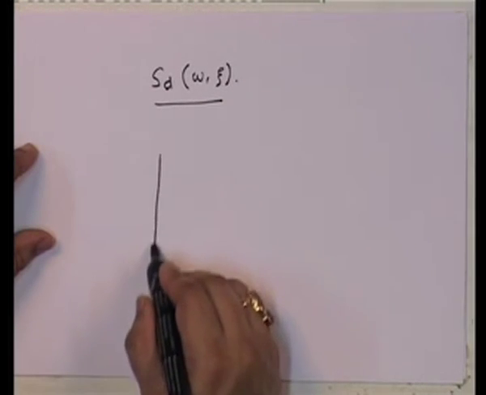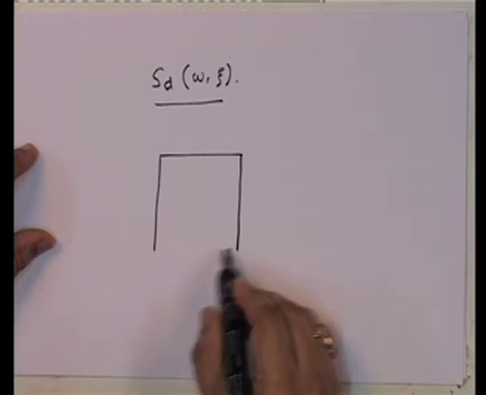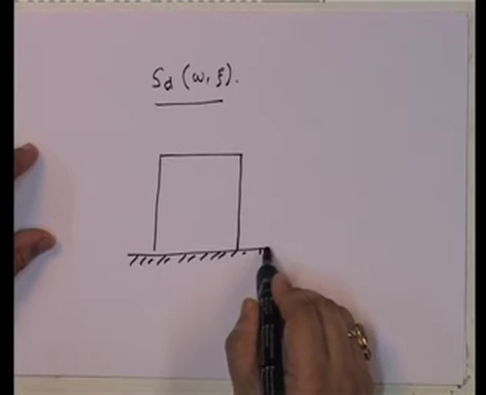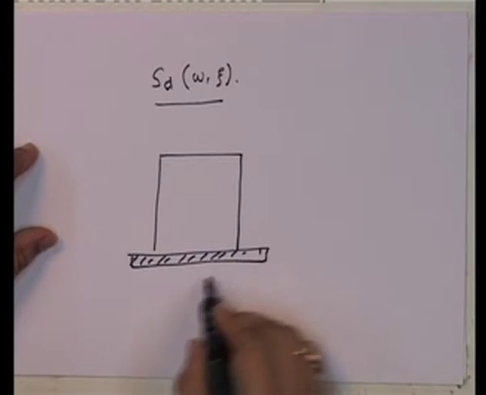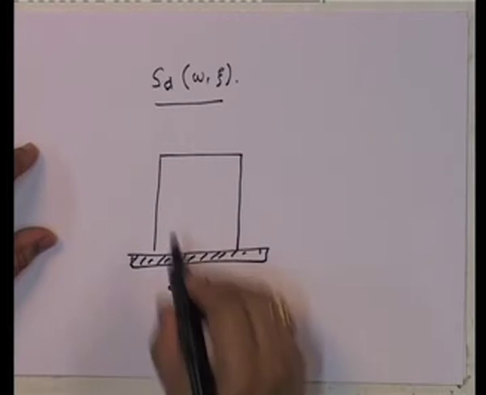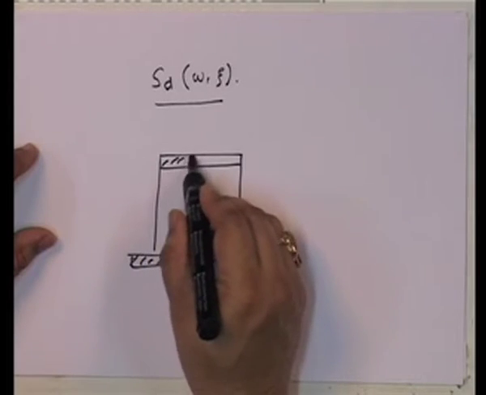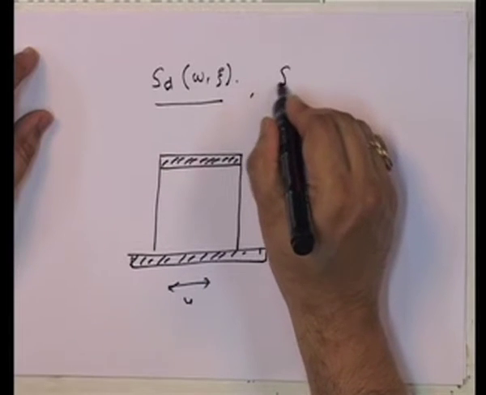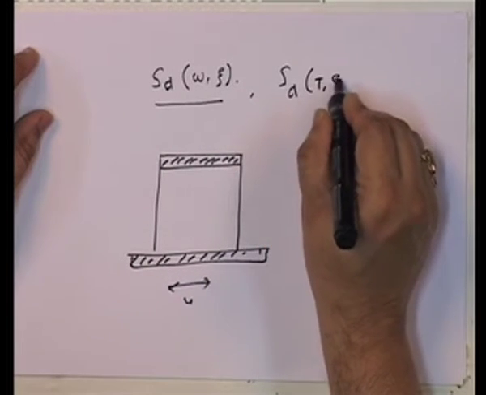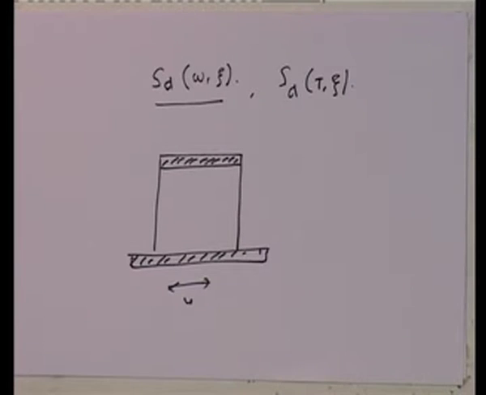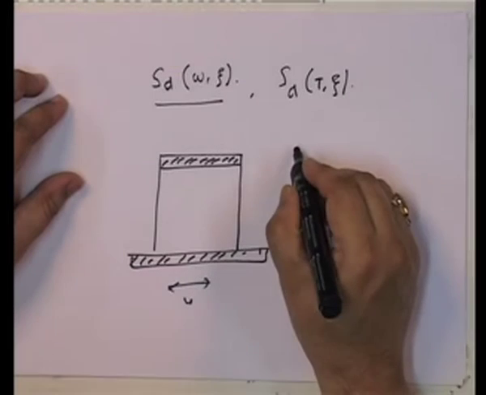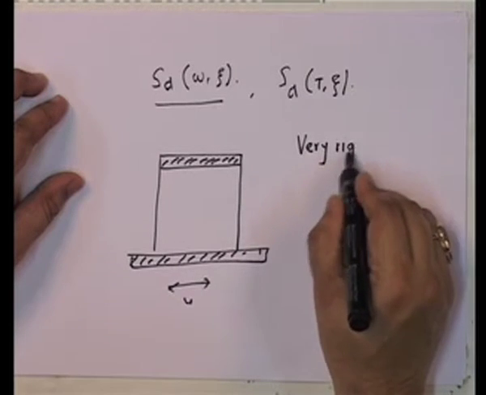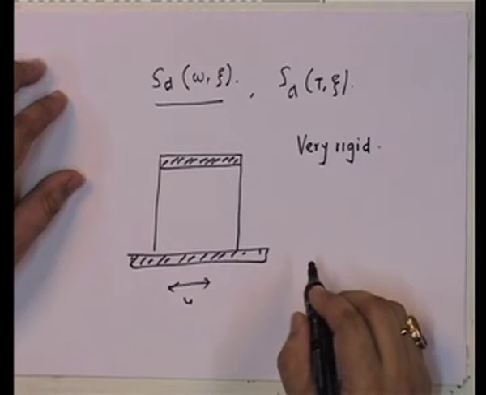Let us look at a structure where the ground motion happens here, and consider a very rigid structure.